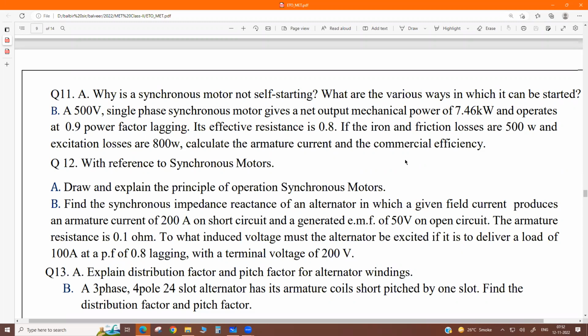To make it self-start, we require an initial torque, either by a pony induction motor or by damper winding. So there are two methods to make it self-start.